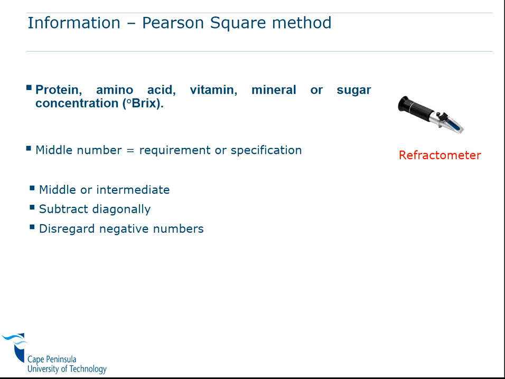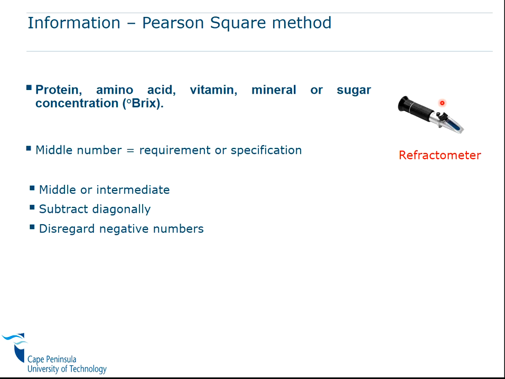Once you have prepared your salt or sugar solutions, you will then use a refractometer, which is the tool that you see here, in order to determine whether the solution that we have prepared according to the Pearson square method is exactly as the Pearson square method informs us.